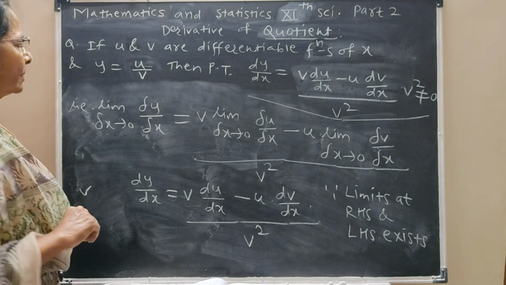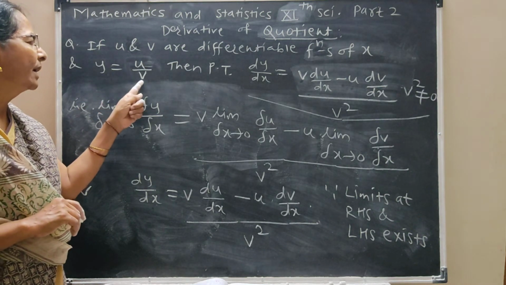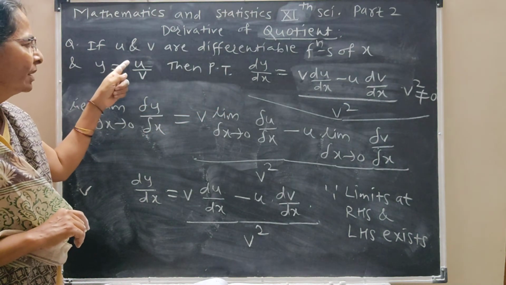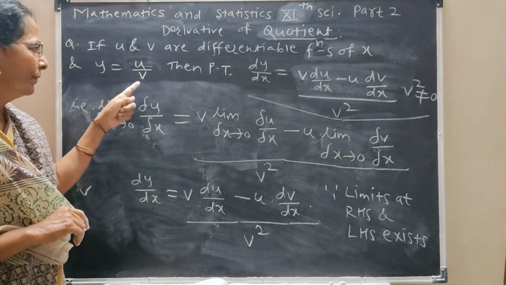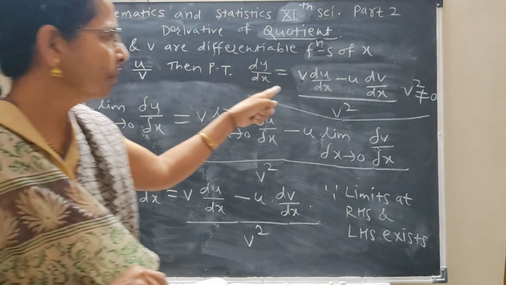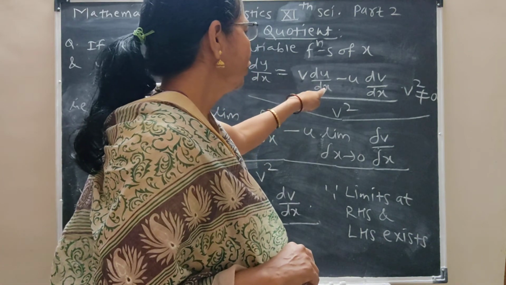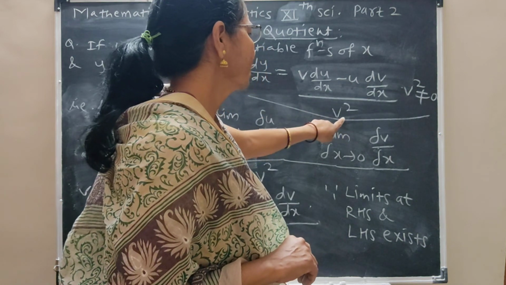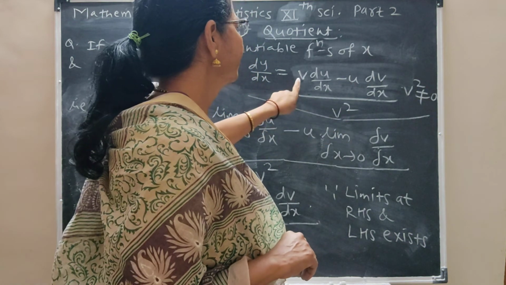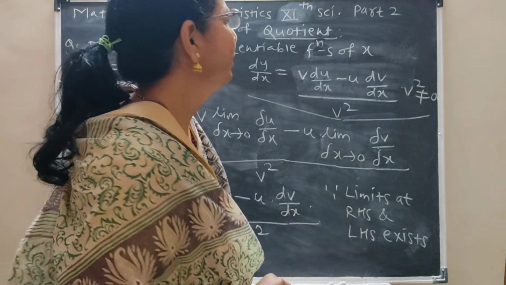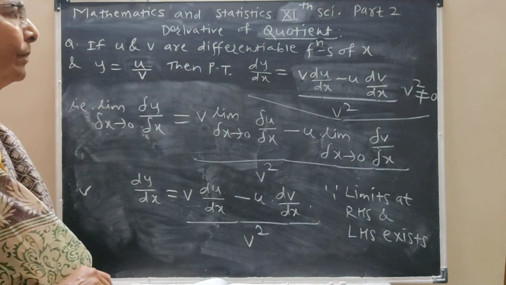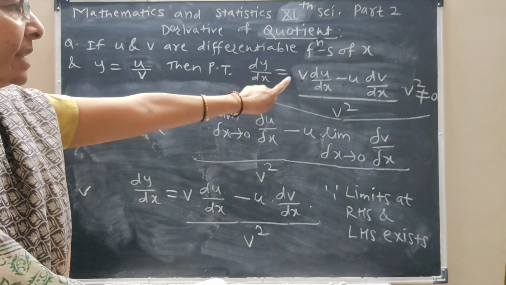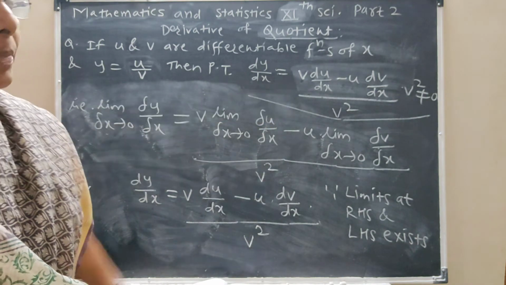So, when there is a ratio of two functions and we want to take derivative, take numerator u, denominator v, and remember this formula: v take derivative of u minus u take derivative of v upon v square. dy by dx is equal to v du by dx minus u dv by dx upon v square.